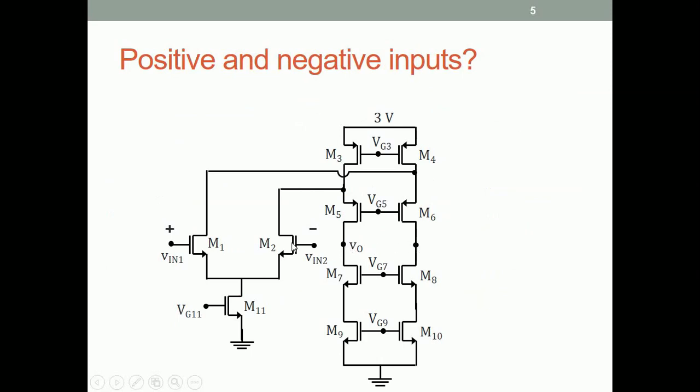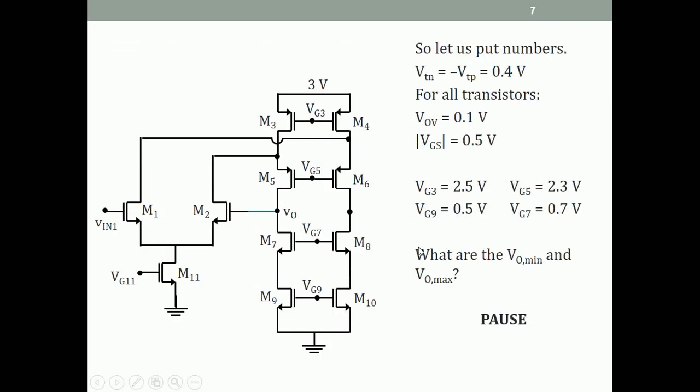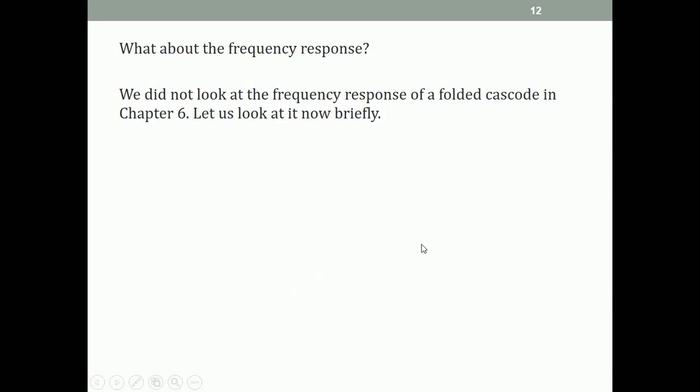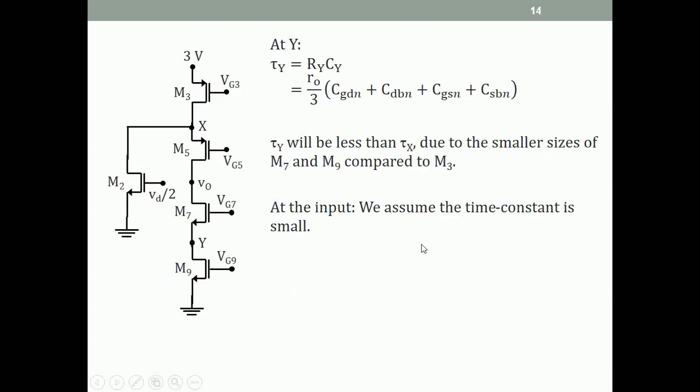So both telescopic and folded are naturally circuits where the output can be either single-ended or double-ended. As I said, I'm just making a comment. We're not really going to discuss double-ended output operational amplifiers.